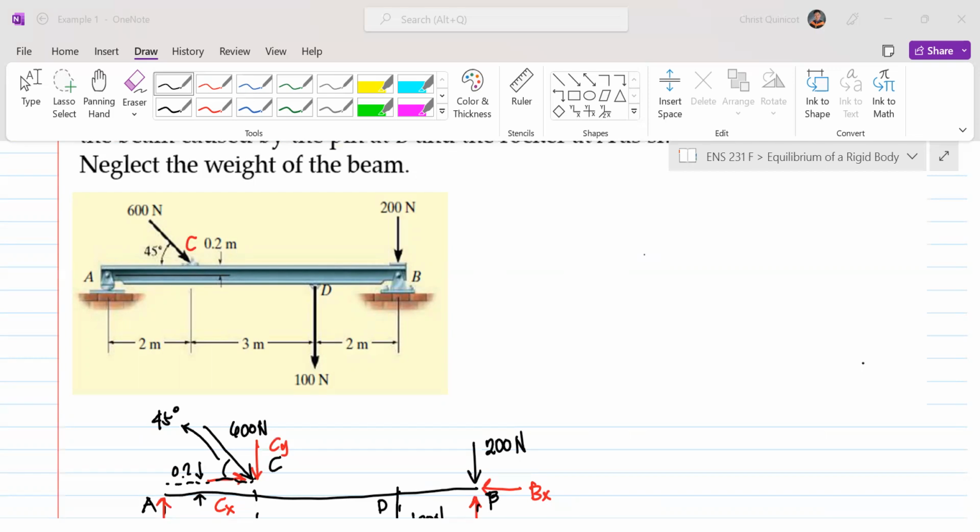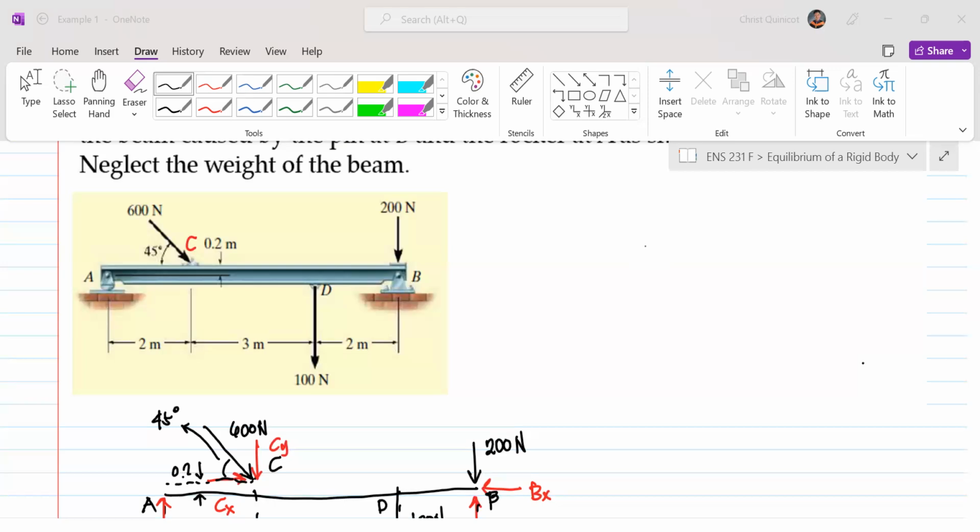We can choose any point. However, if you recall, the reason we were not able to do summation of forces y is that we would end up with two unknowns. So it must be that if we take our moment summation, we take it at a point that has one unknown, so that we end up with only one unknown.